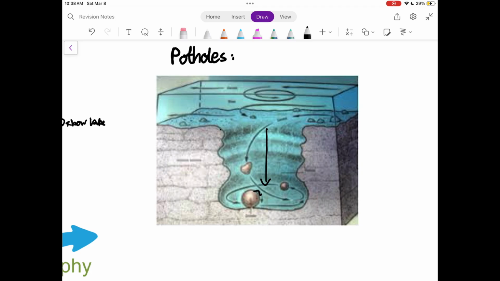This thing here is called a pothole. The turbulent flow of water here, these arrows, can be called eddies. So all you need to know is that eddies cause rocks to erode into the bed of the river due to more vertical erosion, and that forms a pothole.